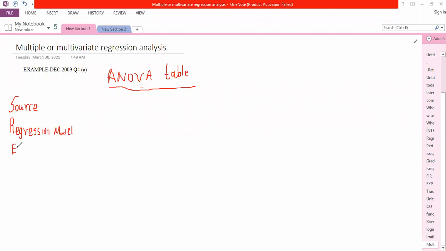You may also find some books calling this the residue, the remainder that has not been taken care of. You can call it a residue or an error term, because not always are we accurate in our estimations. Sometimes you may find there's a difference. So you have the source. Under the regression and the error term, we may be interested in getting what we call their totals.